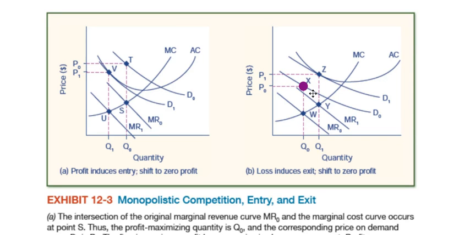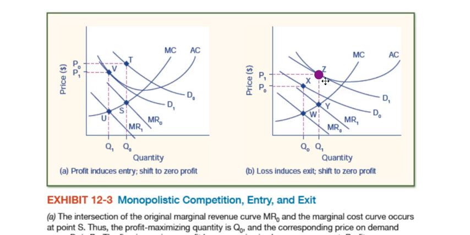When that happens, the firms that stay in see their demand shift to the right because there are fewer firms in the market, until their price equals average cost.